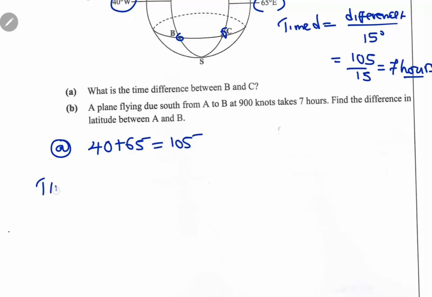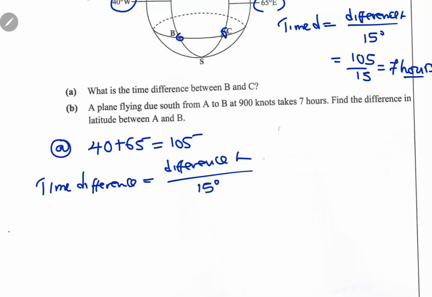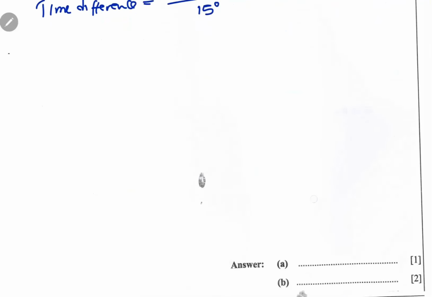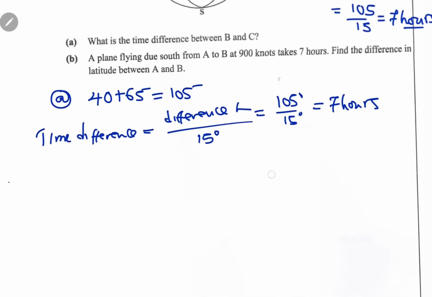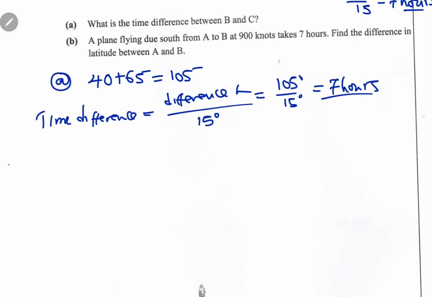Then for the time difference, we say difference in longitude, which is theta, over 15 degrees. That gives us 105 divided by 15, which is 7 hours. So the time difference is 7 hours, and we can put it there. I urge you to put the answer immediately you find it, because you might forget. After calculating, you might leave this place without recording your answer.